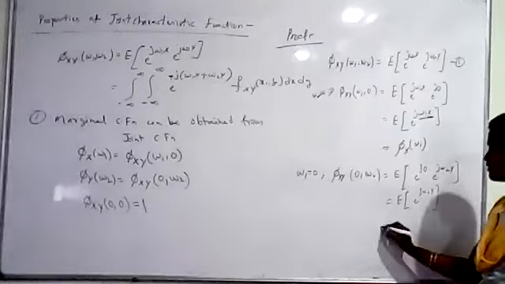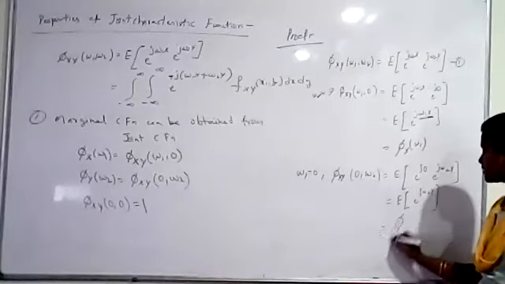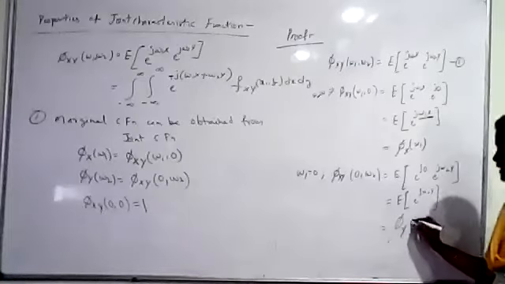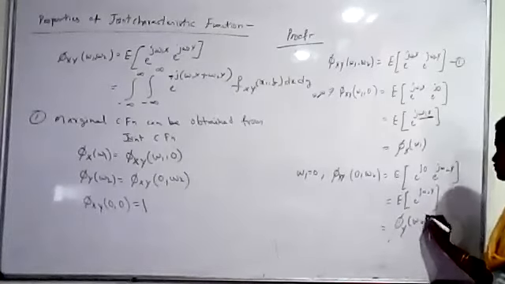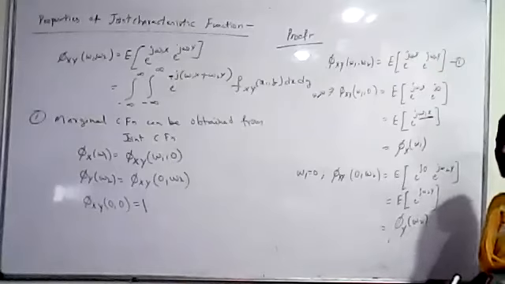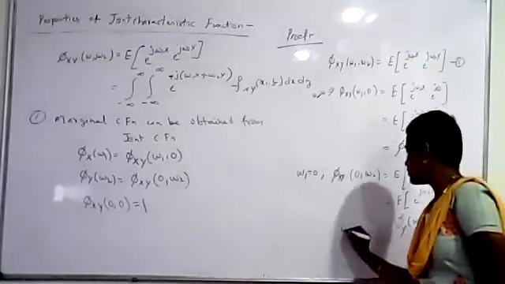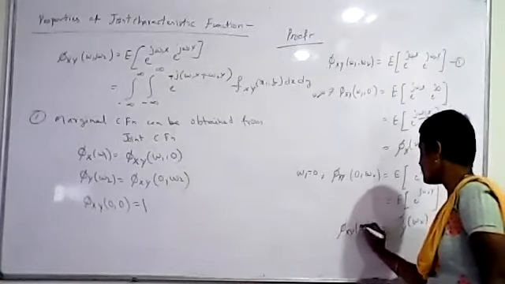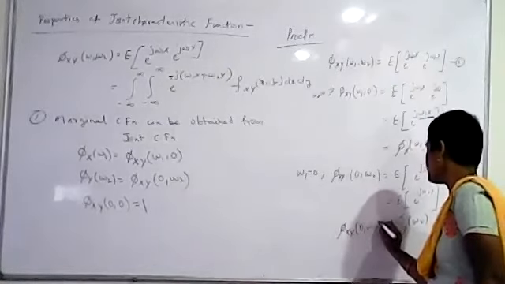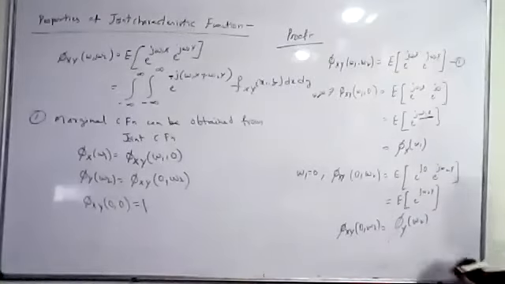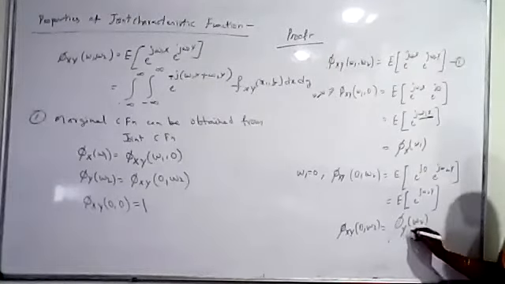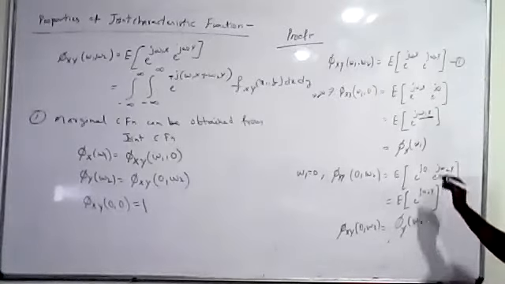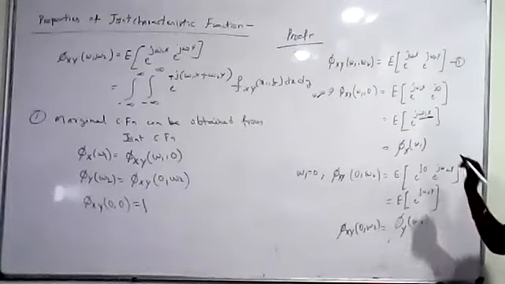Now this equation has only one random variable y, and it is a function of omega 2. So that is phi y of omega 2. So how do you find the marginal characteristic function from the joint characteristic function? By substituting omega 1 equal to 0, you get phi y of omega 2. By substituting omega 2 equal to 0, we get phi x of omega 1.